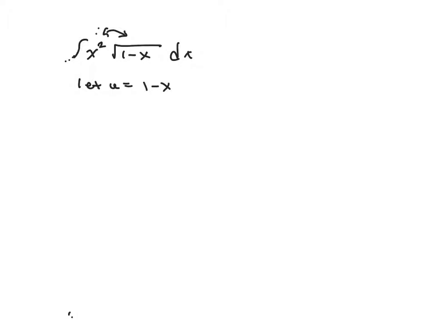So I'm doing this because I want to get rid of all these x's. Anything with an x in, I'm going to get rid of, and I'm going to turn it into a u. And you'll see why, hopefully, in a minute. So I'm going to let u equal 1 minus x.